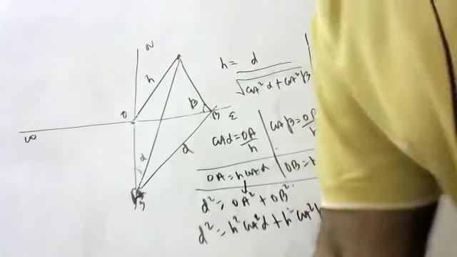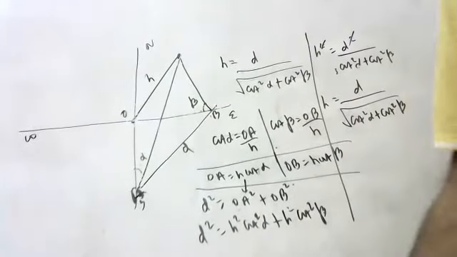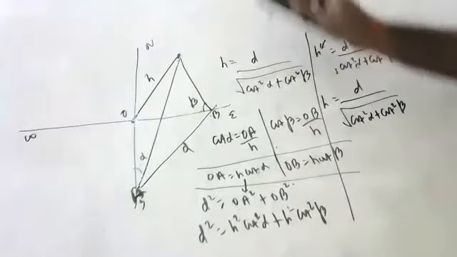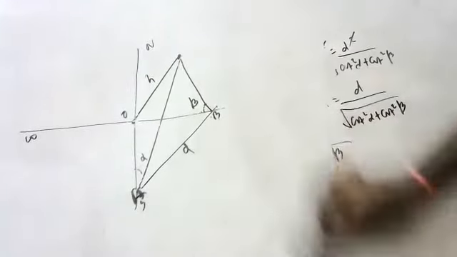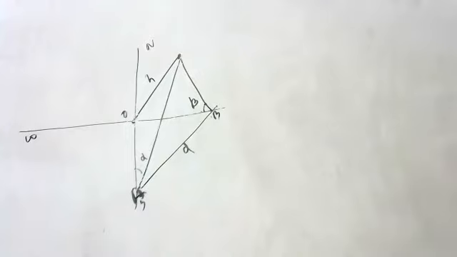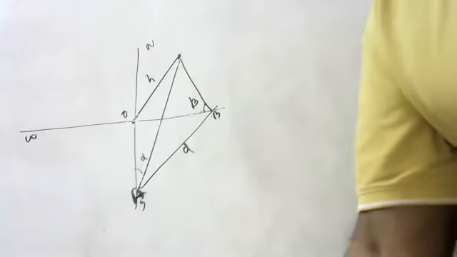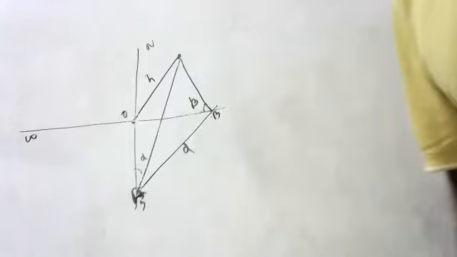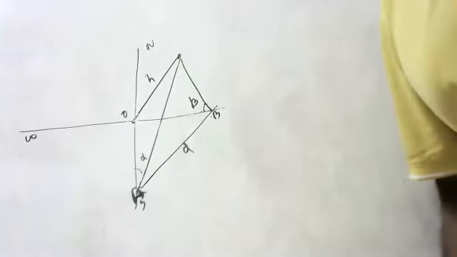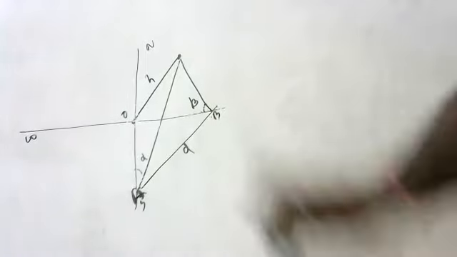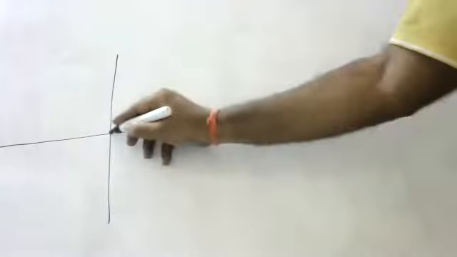Yes, sir. Okay. So last one question we will stop. Same like this question, children. What is the question, sir? Saying the elevation of tower from station A due north of it is alpha. Same question again. There is a tower here.